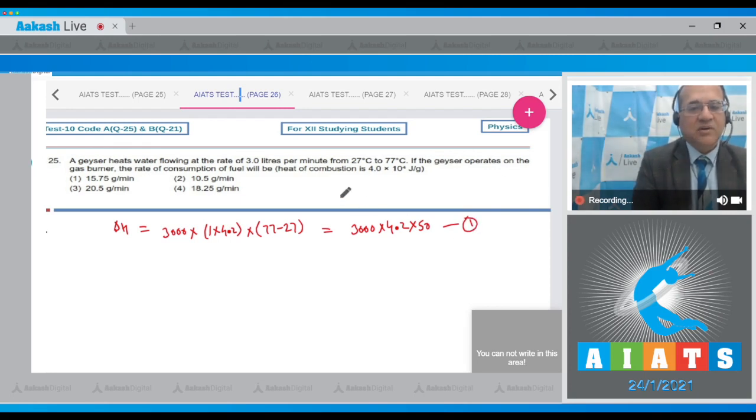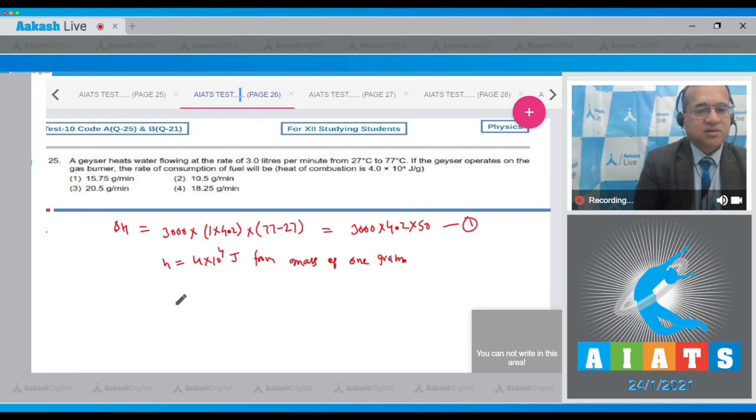Now how much heat is given? On 1 gram of the fuel, the heat you get is equal to 4 into 10 to the power 4 joule from 1 gram. So if you burn the fuel so that this heat becomes equal to this, the heat should be equal to the mass burnt into the heat from 1 gram.